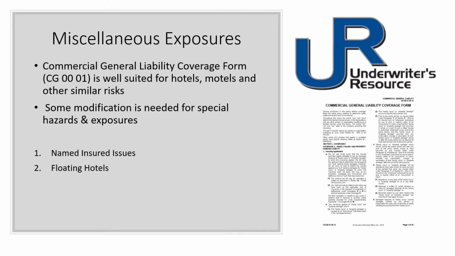However, in some cases, there's a need for modifications to be adapted to special hazards and exposures. In this video, we're going to be talking about two. The first is about named insureds, and then we will move on to floating hotels and floating vacation rentals.